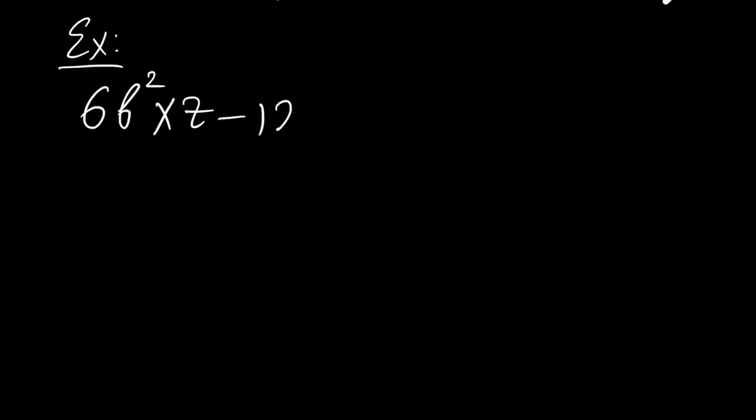For example, assume we have a polynomial 6b squared xz minus 12b to the power 4 x squared.